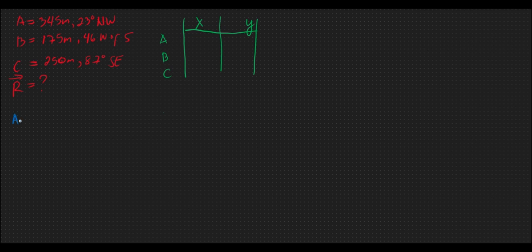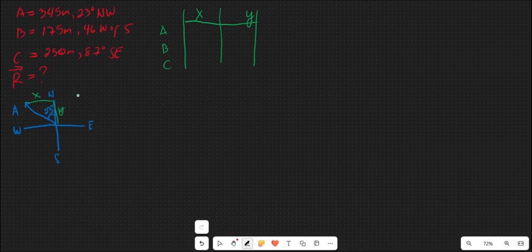For the first vector, vector A, let us first illustrate the given vector, which is 23 degrees northwest and 345 meters magnitude, and let us find its x and y components. Since the x component is on the opposite side of the angle, let us use SOH from the trigonometric identities SOHCAHTOA. And for the y component, since it is on the adjacent side of the angle, we're going to use CAH.